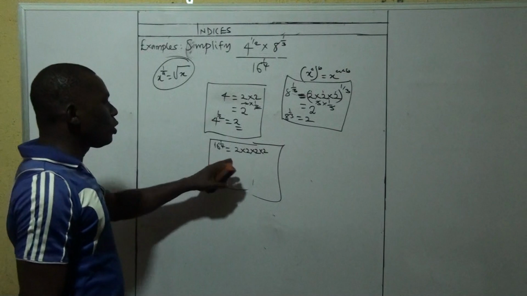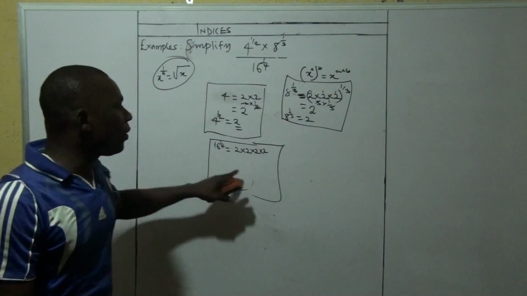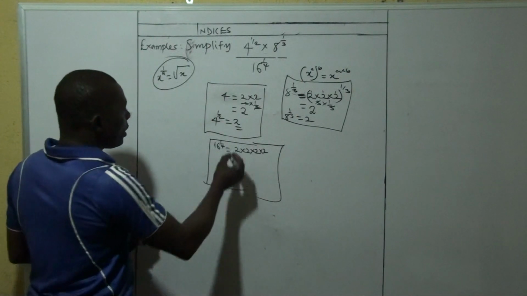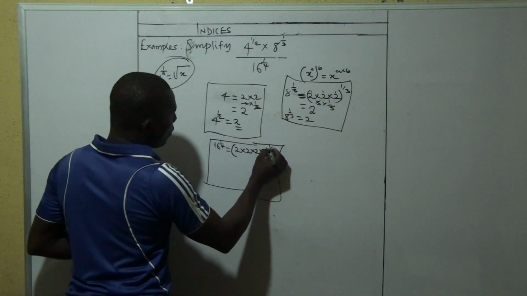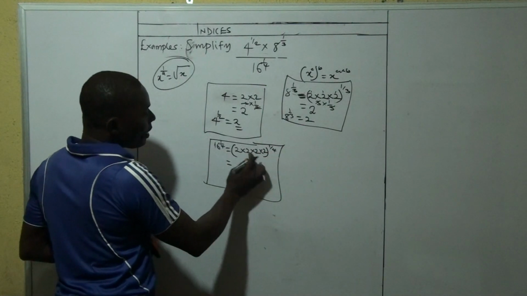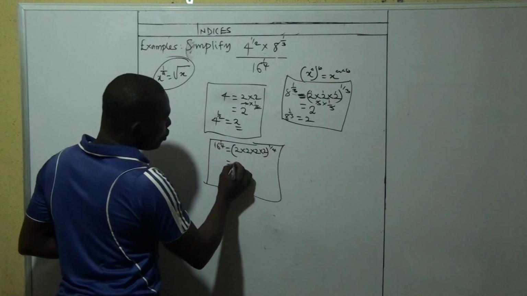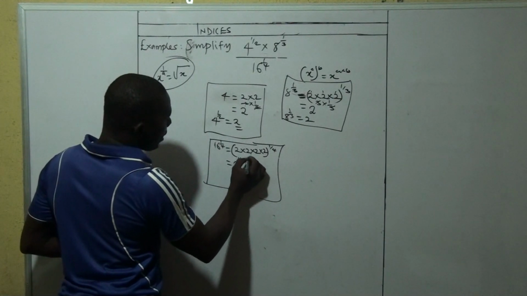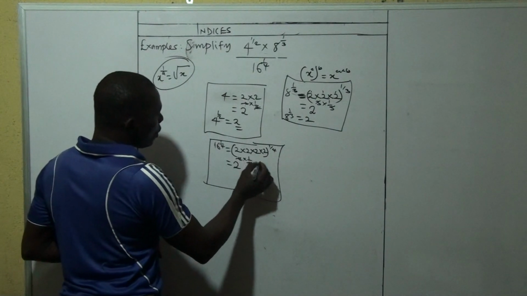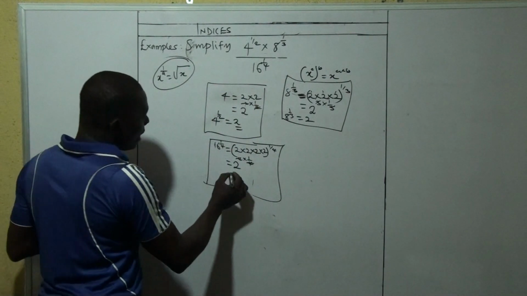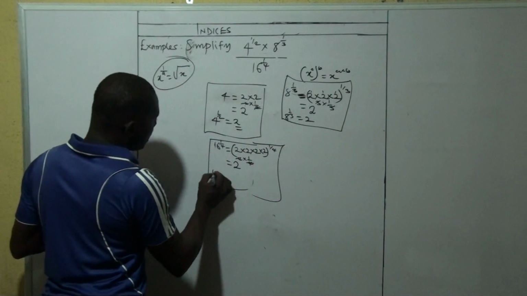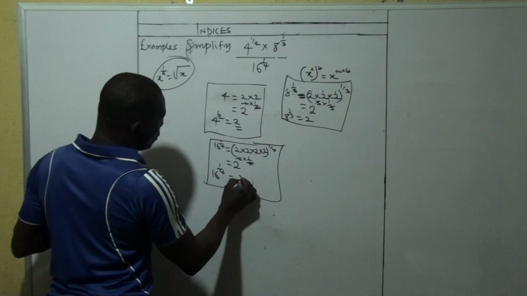How many times will 2 multiply itself to give us 16? It is 4: 1, 2, 3, 4. Everything raised to power 1/4. It means 2 raised to power 4 times 1/4. This will go with this, and our answer is 2. So 16 raised to power 1/4 is equal to 2.